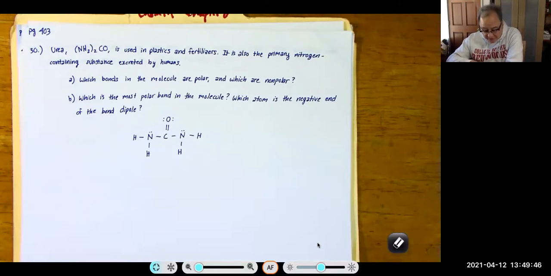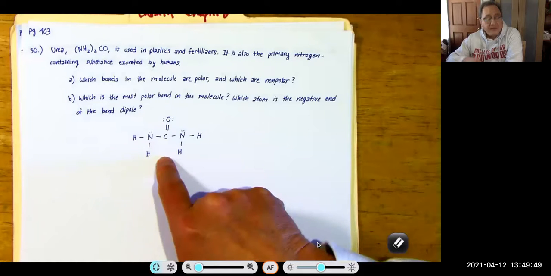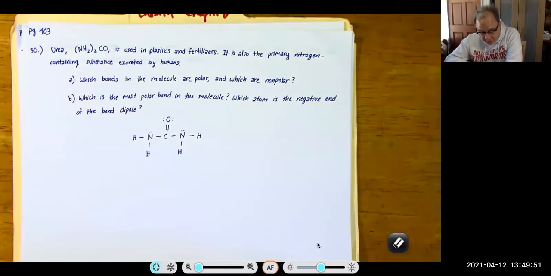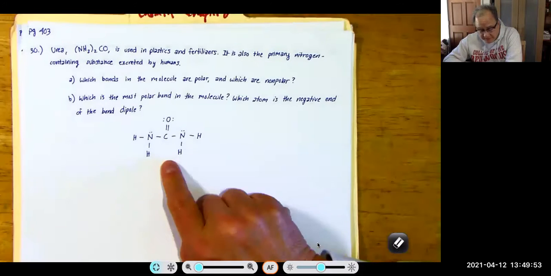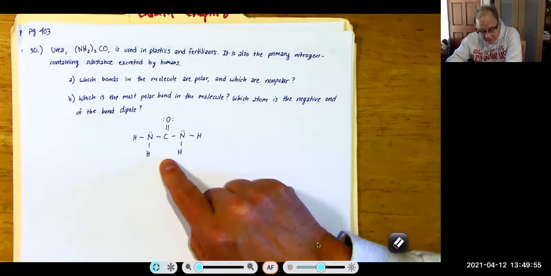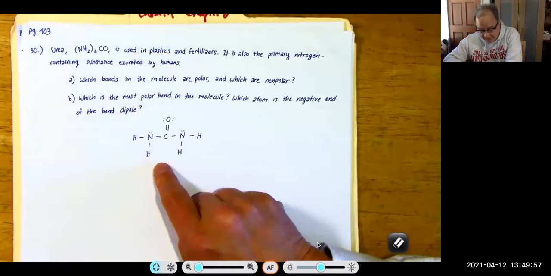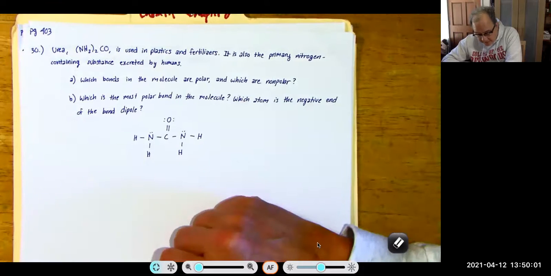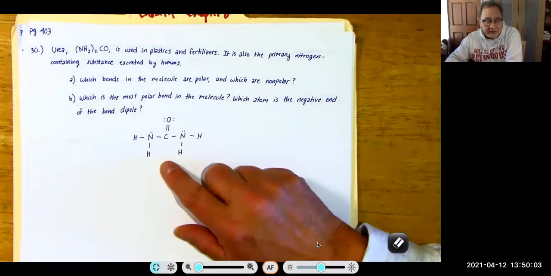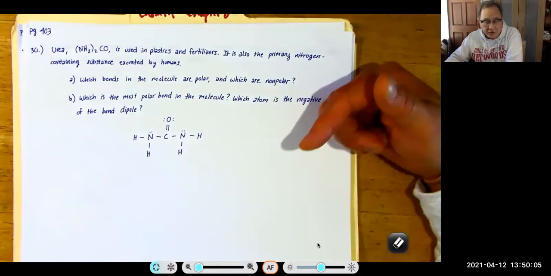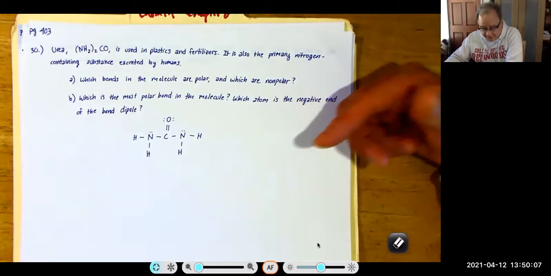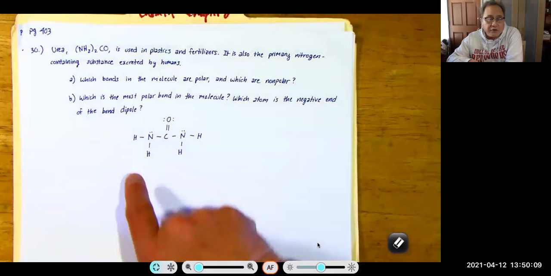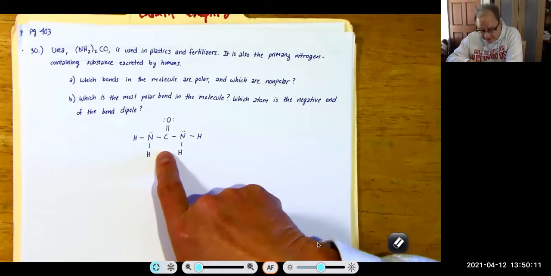So this is the molecule urea. It's a very interesting molecule. It's excreted by humans. So this is a living molecule, as it were. And back in the day, people thought that only living organisms could make molecules that came from living organisms. This was the first living molecule, as it were, that was synthesized in a bottle.